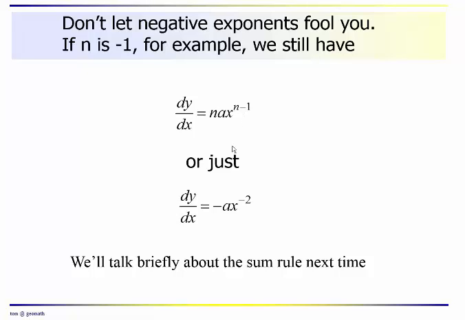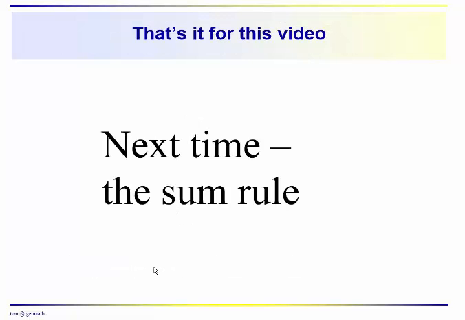So if y happened to be ax to the minus 1 power, we'd have minus ax to the minus 2, reducing the exponent by 1. We'll talk about the sum rule in more detail next time. So see you on the next video.